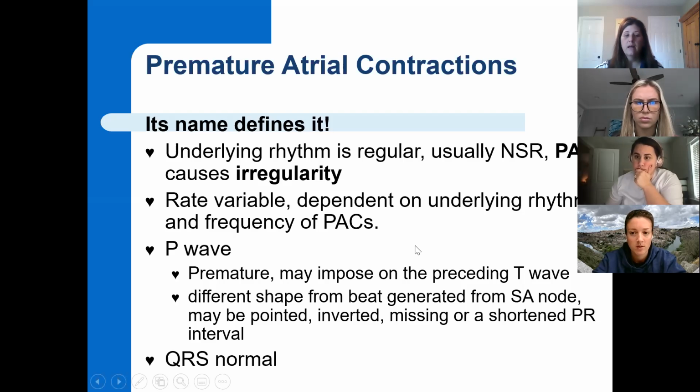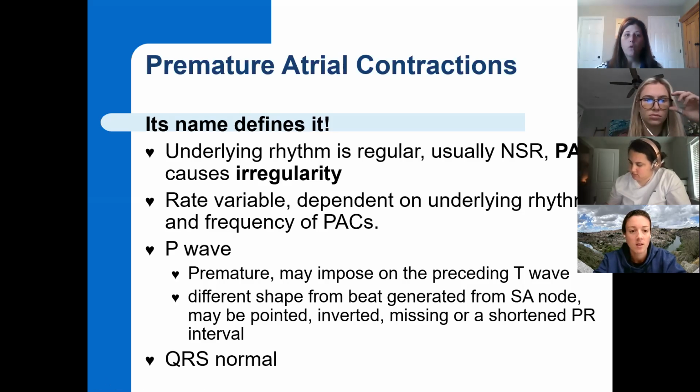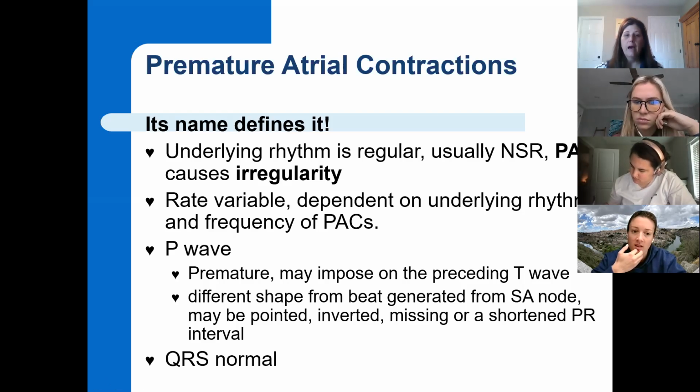Okay? And I'll say that again, and we'll look at some examples. I've got examples embedded after each of these definitions. Okay? So in compensatory, the R in the complex before the PAC to the R in the complex after the PAC is going to measure out to be 2 times the R to R in the underlying rhythm.